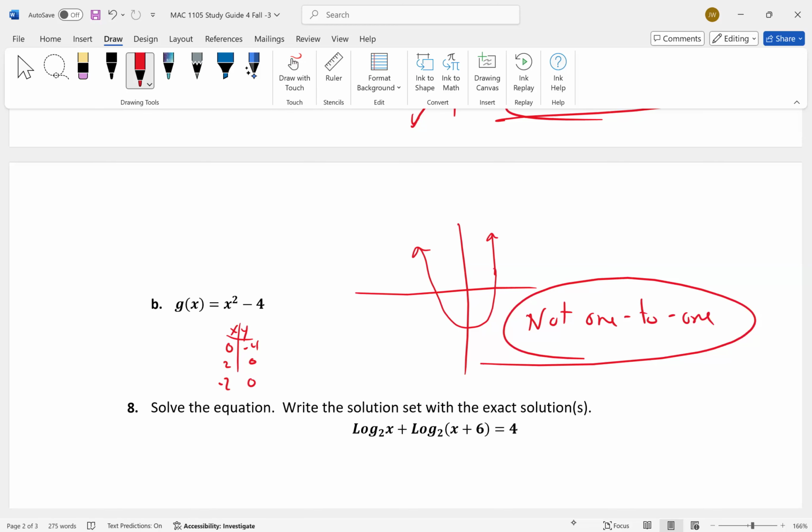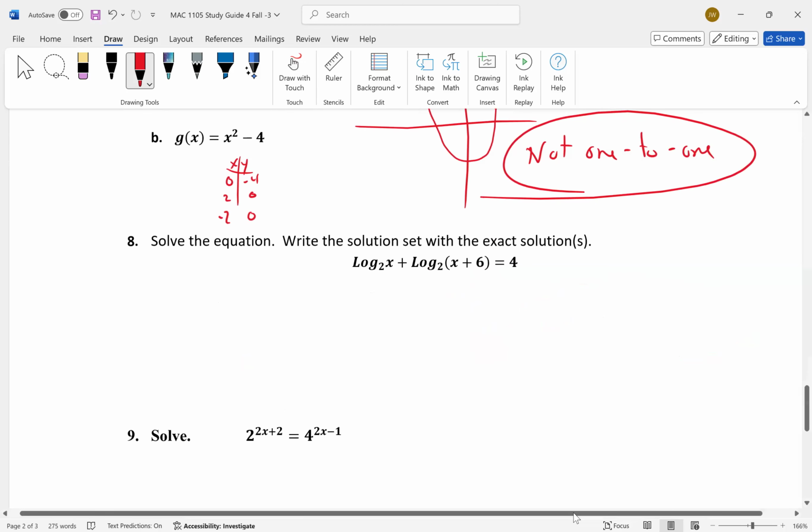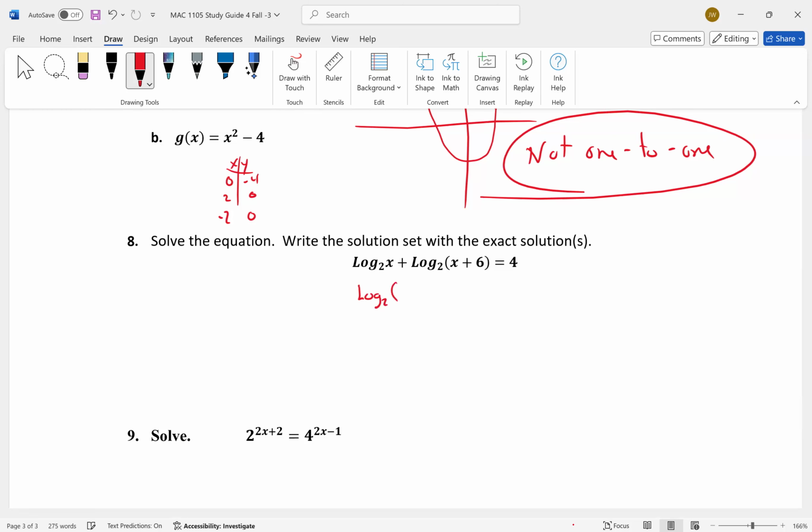Okay, next step. Now we're putting it together. Solve the equation. So I have plus here, so that's the same as taking the log base 2 of x times x plus 6 equals 4.